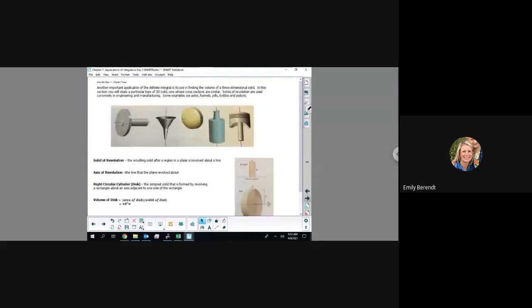So we're still going to be showing that representative rectangle, not finding the area of it. That representative rectangle, this is my axis, this is my rectangle. When you rotate it around, you create a circle, but because it has a height, a cylinder.